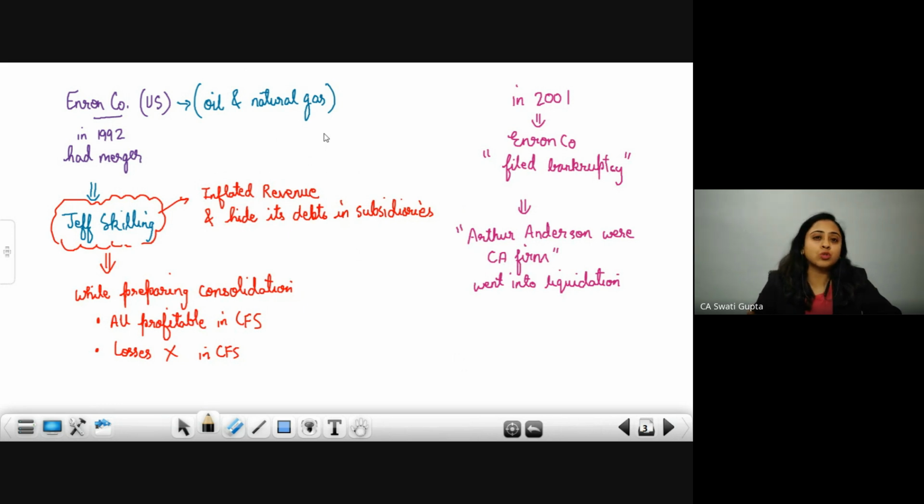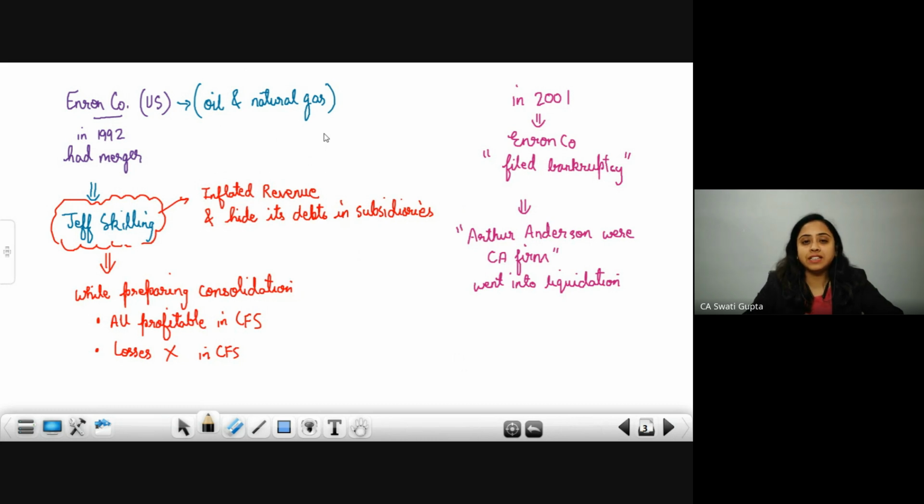From this merger, many new CEOs and CFOs were introduced. Then there was a very important person, Jeff Skilling, who was introduced in the board panel of the Enron company. Now, Enron company year by year started new businesses, new ventures and all.